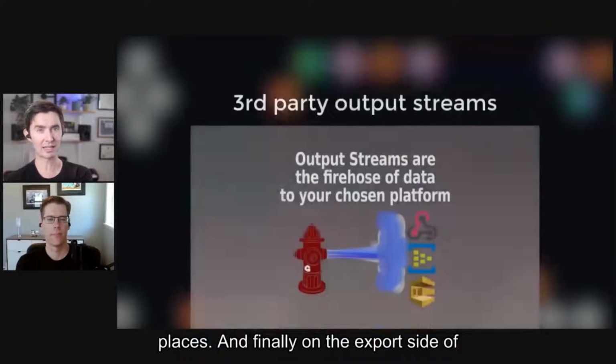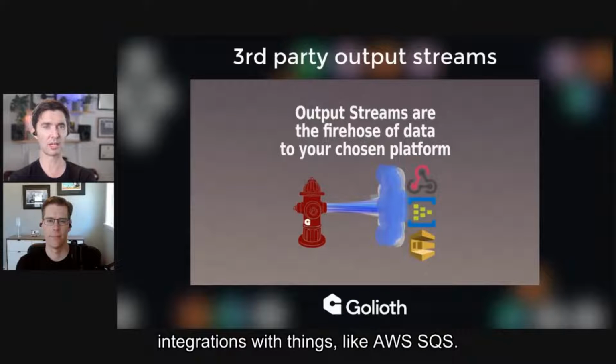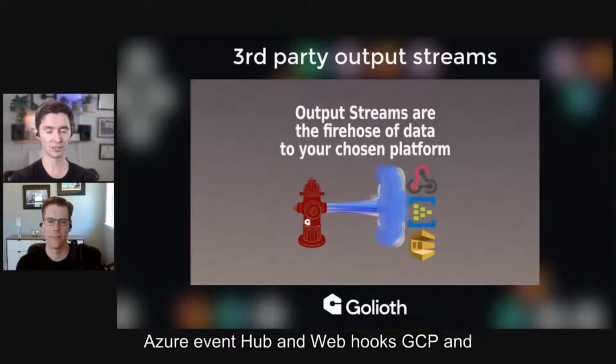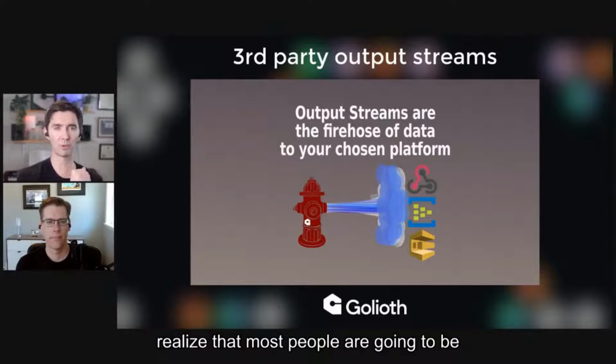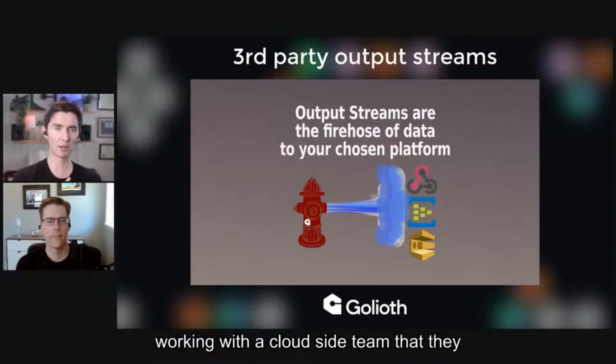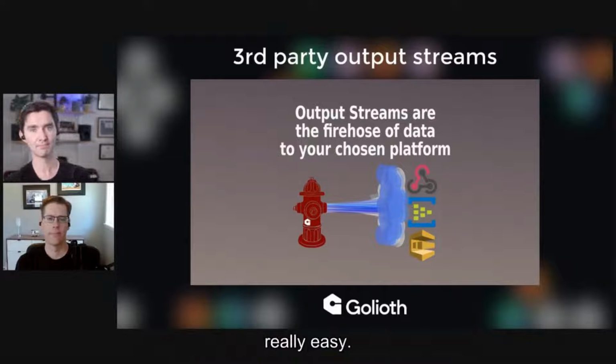And finally, on the export side of things, we have native integrations with things like AWS SQS, Azure Event Hub, webhooks, GCP, and an ever-growing list of those. We realize that most people are going to be working with a cloud-side team that they might want to export that data to in the future, and we want to make that really, really easy.